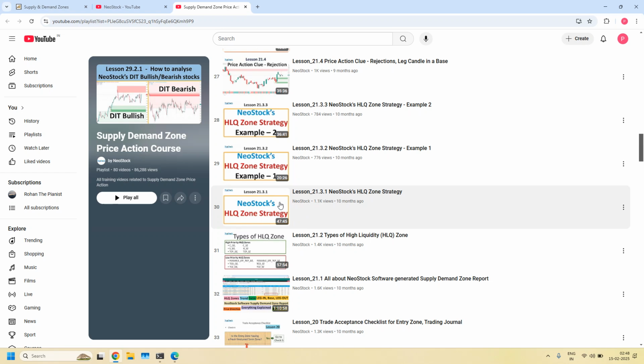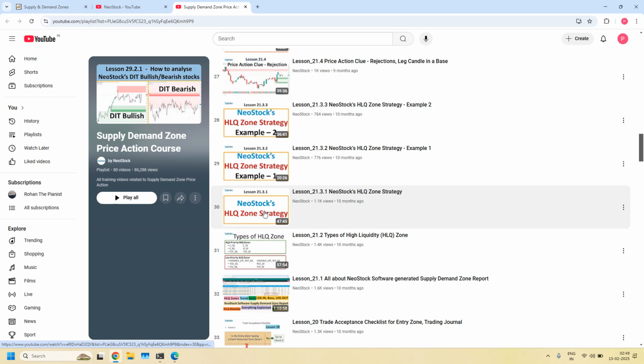Moreover, whatever zones our software lists in this HLQ zone strategy are valid only on the next trading session. You can't use them after 2 days or 3 days. I'm talking about HLQ zones only. You may ask, can't we use them? You can use them, but you can't expect an 80% success rate. If trades come immediately the next day, those zones have at least an 80% success rate.